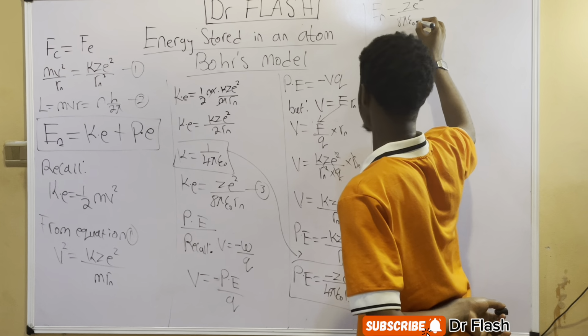From here, we do the math. The LCM here should be 8 pi epsilon naught Rn. So we have Ze squared minus 2Ze squared, that gives me minus Ze squared divided by 8 pi epsilon naught Rn. So it means that the energy at any level n is equal to minus Ze squared divided by 8 pi epsilon naught Rn.